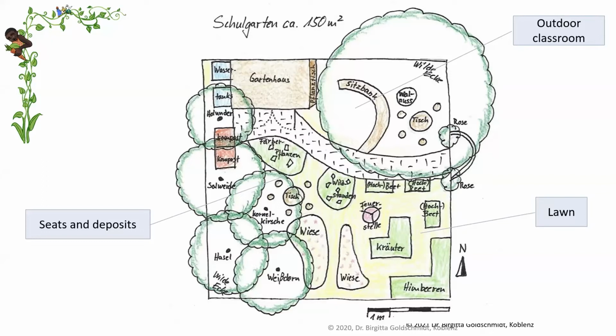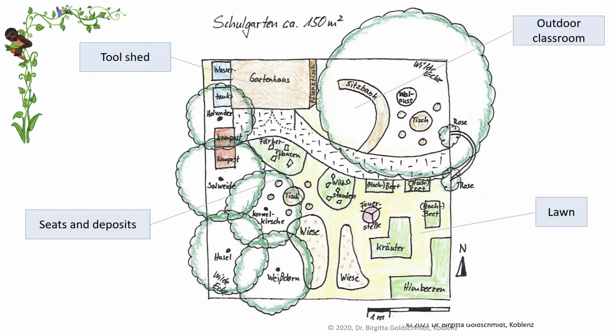Here you have small working groups in lessons, and they also need a place where they can sit down and write something or examine something. So some seats and deposits are useful as well.